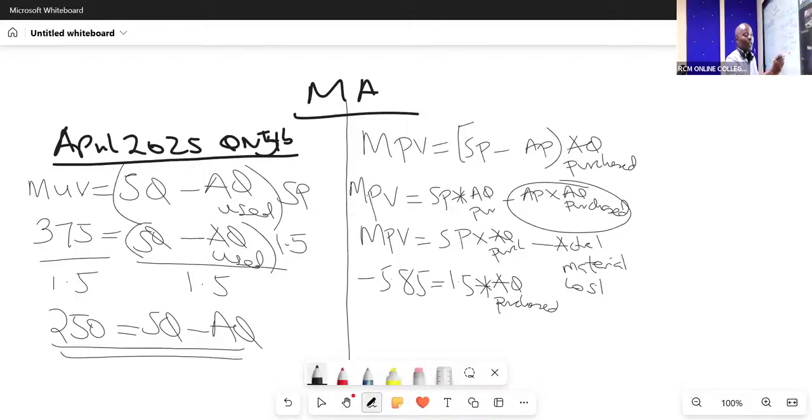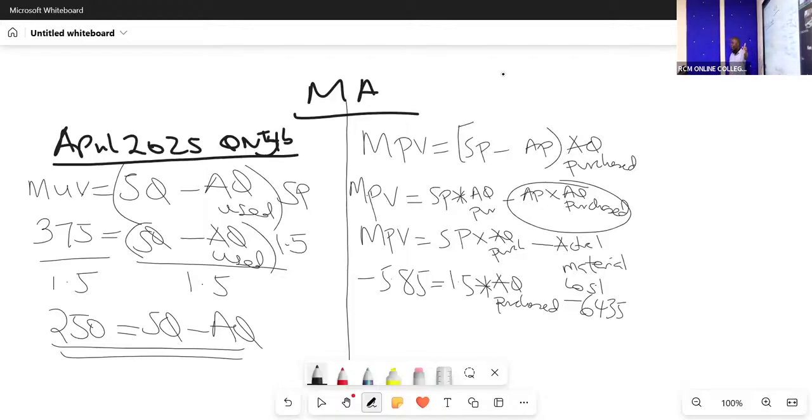But fortunately, I have the actual material cost. That is what my brother gave me here at 6435. So can somebody do some abracadabra and give me now the AQ? Because now I have one unknown with one equation.